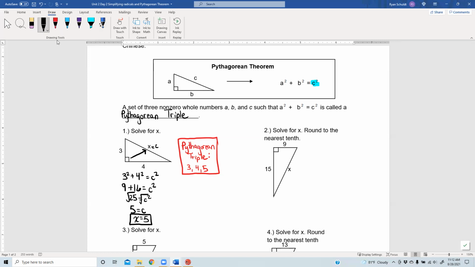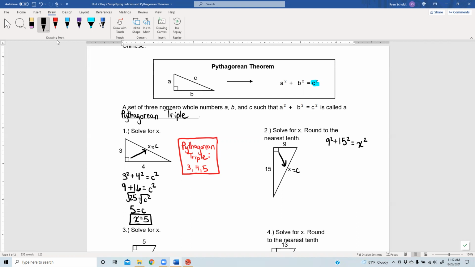Okay, number 2. First step, label the C. In this case, X is our C because it's across from the right angle. Okay, so now that we know where C is, I can plug in 9 squared plus 15 squared equals, I'm going to say X squared because that's what we're solving for.